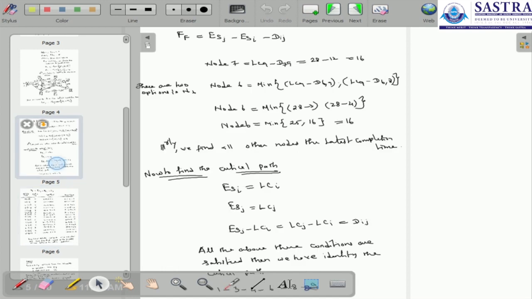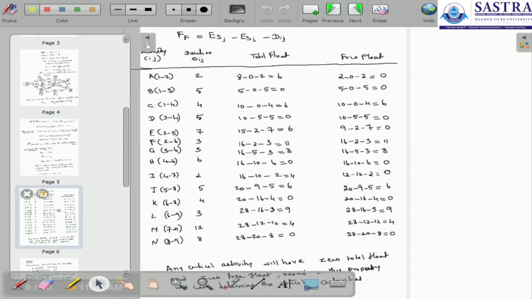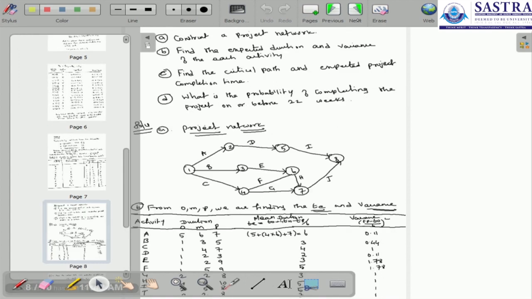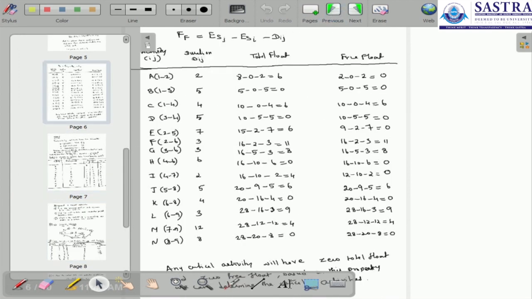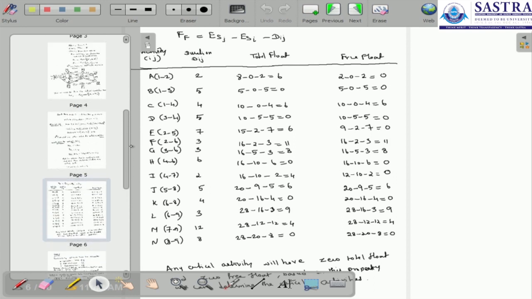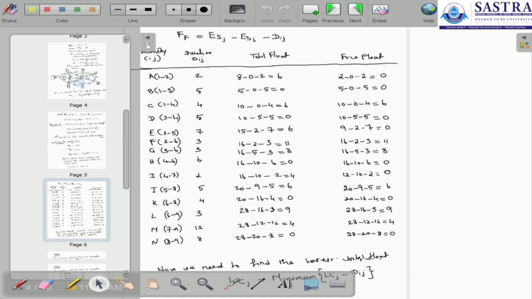Here we find the total float through the formula, and we can get the result from the drawing. Take activity A, from node 1 to 2.